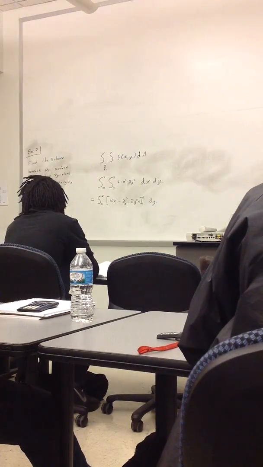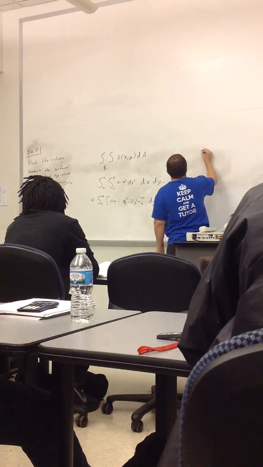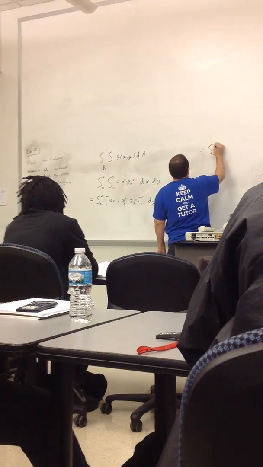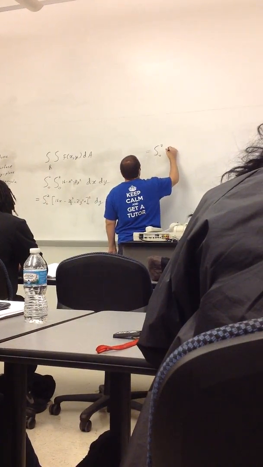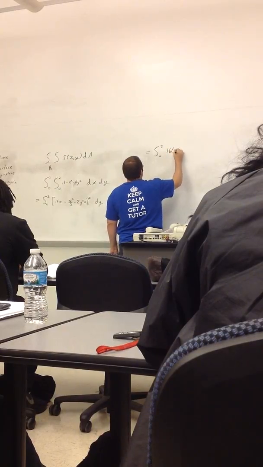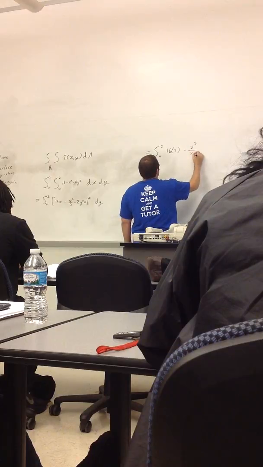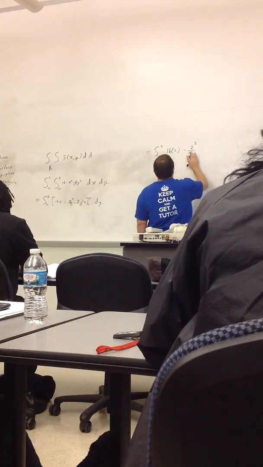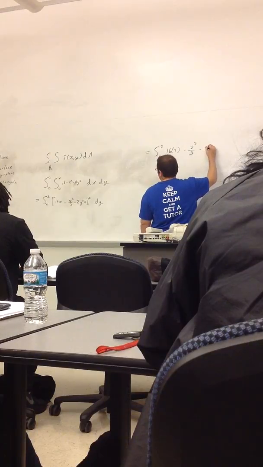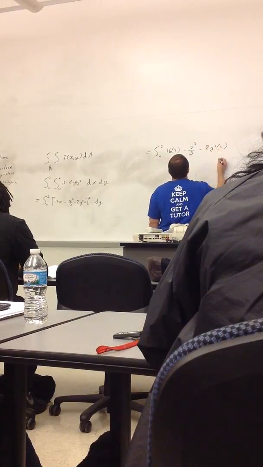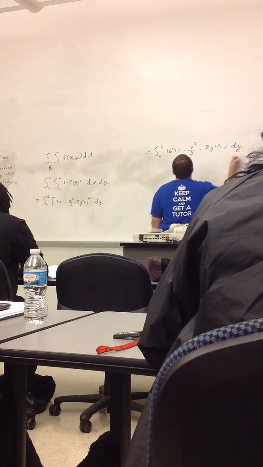So now when I evaluate this from 2 to 0, I'm just looking at the integral from 0 to 2 of 16 times 2 minus 2 cubed over 3, minus 2y squared times 2.